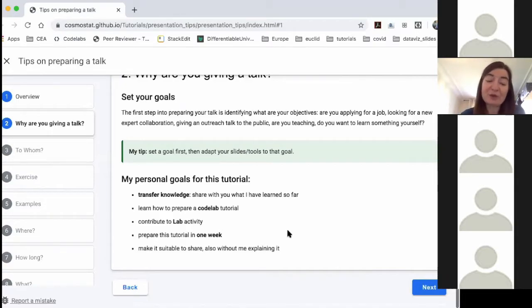I also wanted to learn myself how to prepare my first Code Lab tutorial, so also the tool that I was using, contributing to the lab activity. And I also had as a goal to prepare this tutorial within one week, and make it suitable also to share, so that even if my voice is not on top, you can still go, for example, to the Code Lab tutorial and have a look through all the tips.